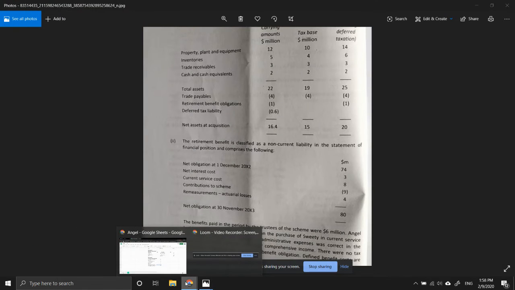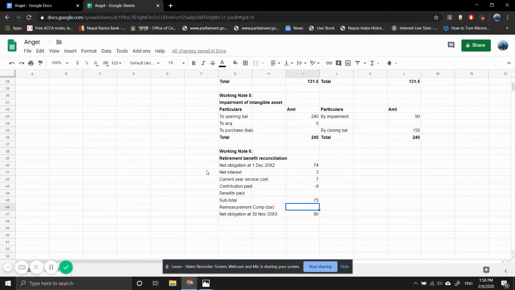So this is 4, right? That means this figure should be this minus this, 76, right?